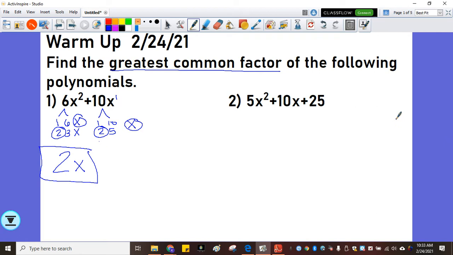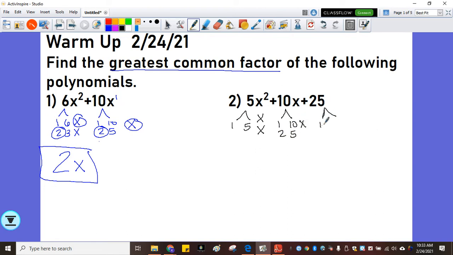All right, now we have to find the greatest common divisor of 3 different terms. So we have to break all these down 3 different times. Or if you're going to put it in the calculator, you're going to put 5, 10, 25. So 5 is 1 and 5, and then we have 2 x's. 10 is 1 and 10, 2 and 5, and this has 1 x.